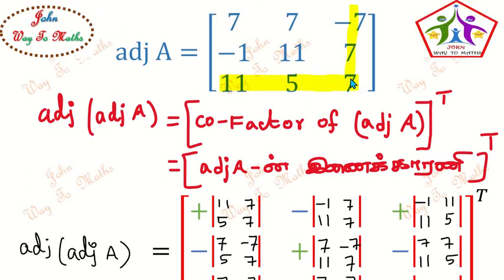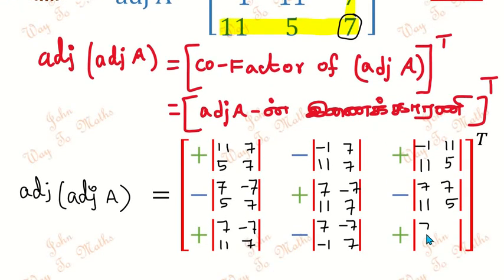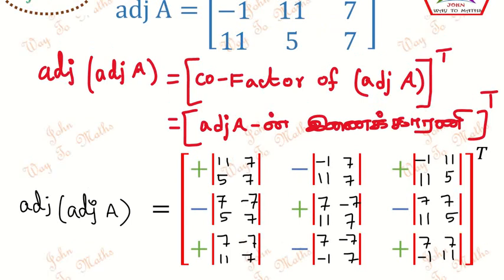Last row last element, 7, the remaining cofactor is 7, 7, minus 1, 11.